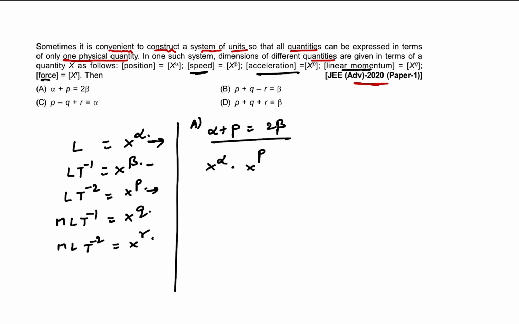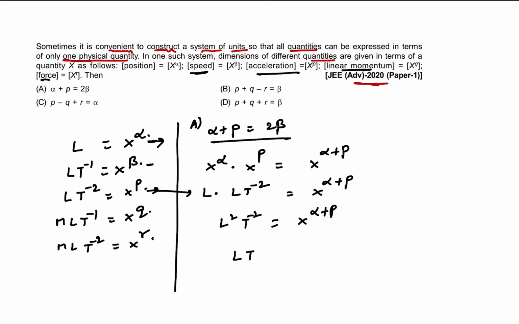x power alpha into x power p is equal to x power alpha plus p. If I write the x power alpha value, x power alpha is L, and x power p value is t power minus 2. So L square t power minus 2 is equal to x power alpha plus p.